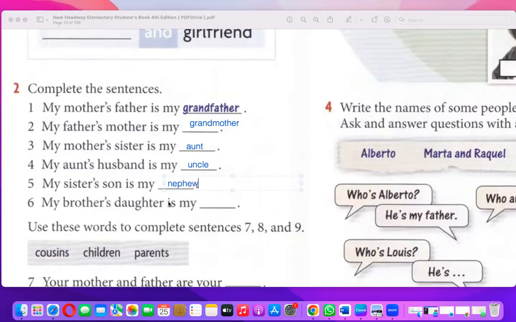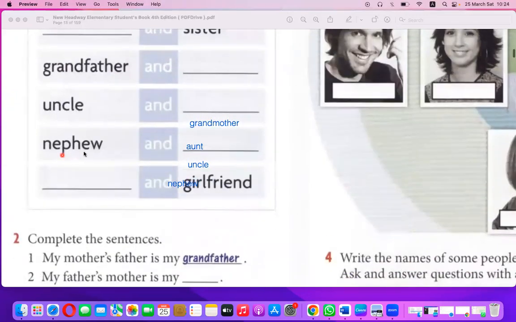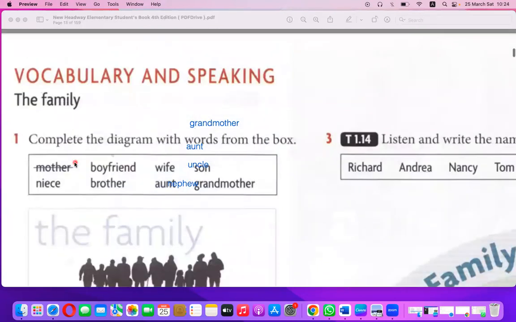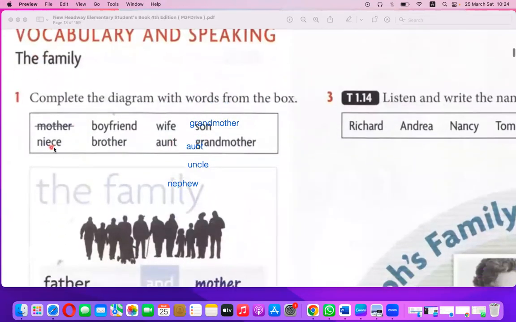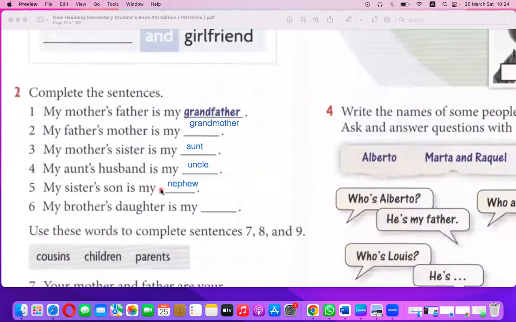Nephew. And we have my brother's daughter. Niece. Very good. So as we said, the nephew is the male part, and niece is the female part of the family. Correct. Niece.